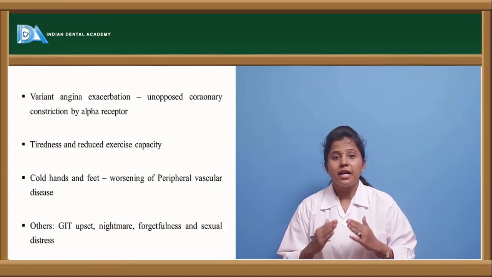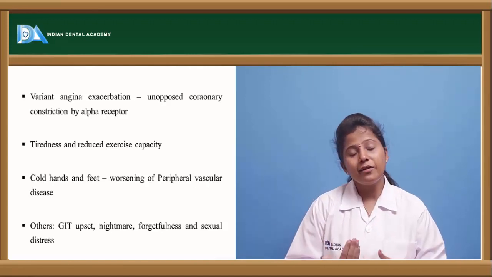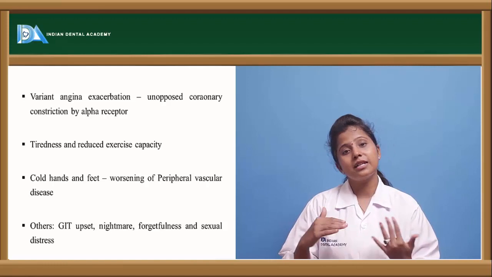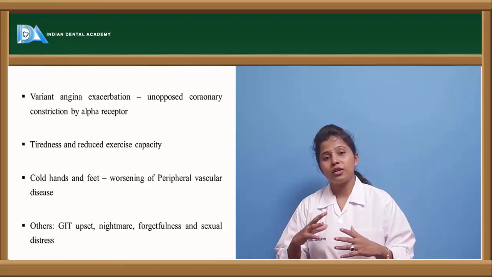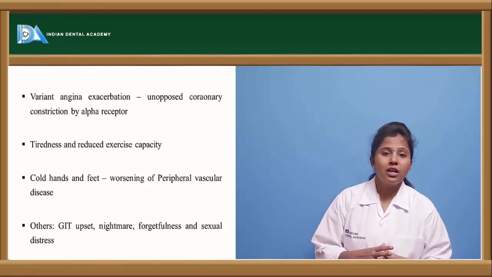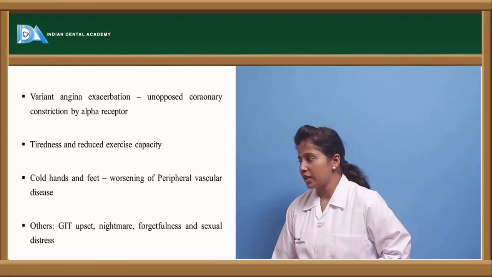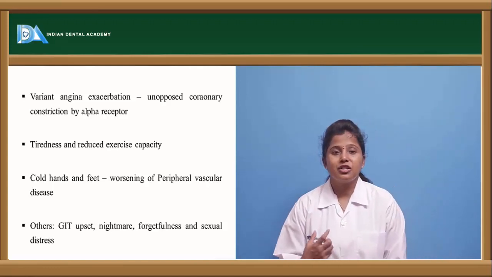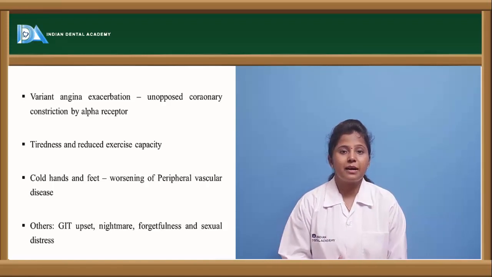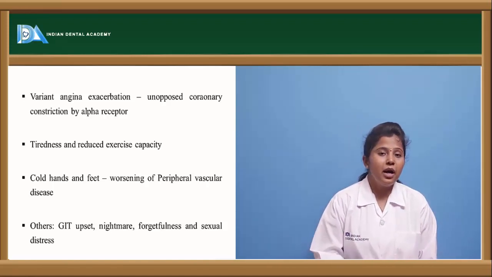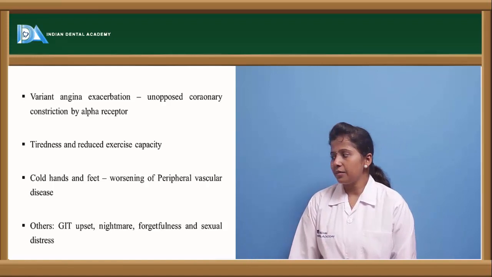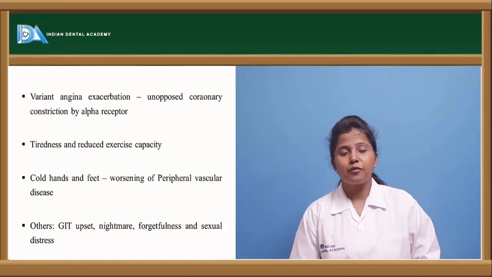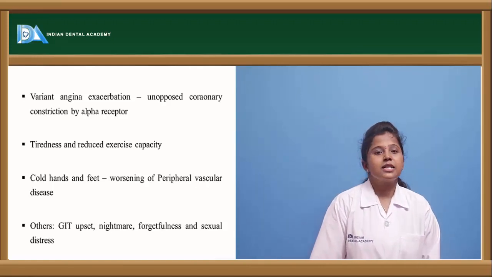Because of the peripheral vascular resistance, or we can say the decrease in the blood pressure or venous dilation, cold hands and feet are observed, and it causes other effects like GIT upset. There will be some disturbances in the GIT system, and nightmares, forgetfulness, as well as sexual distress.